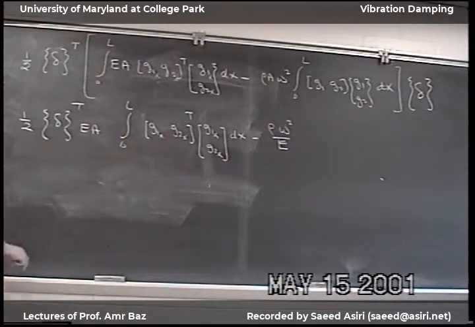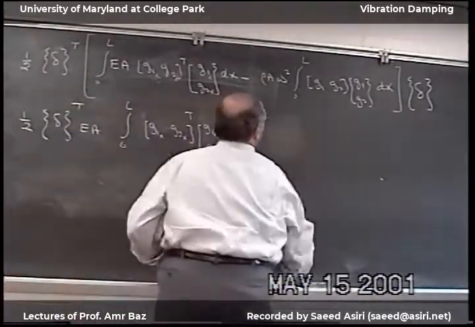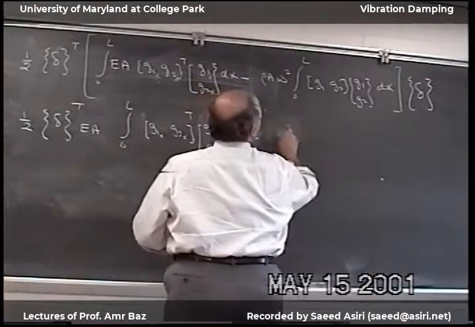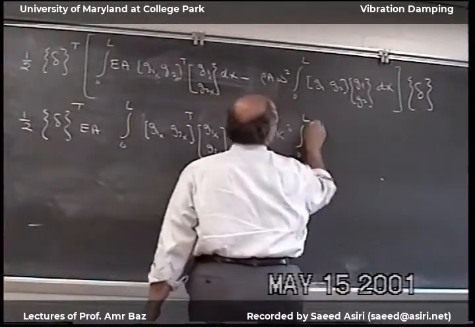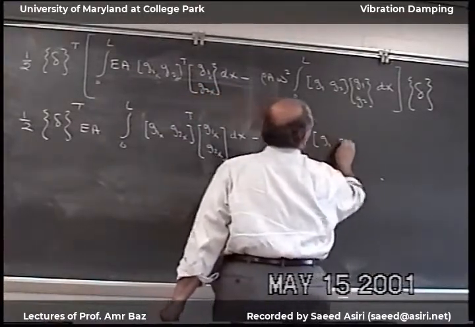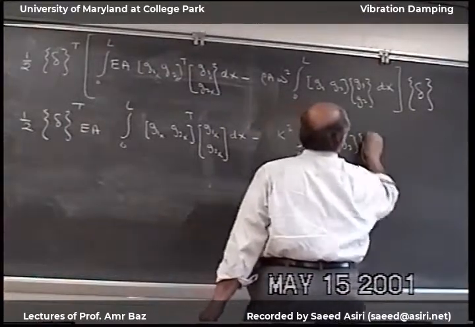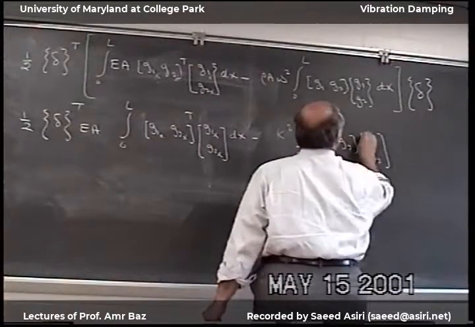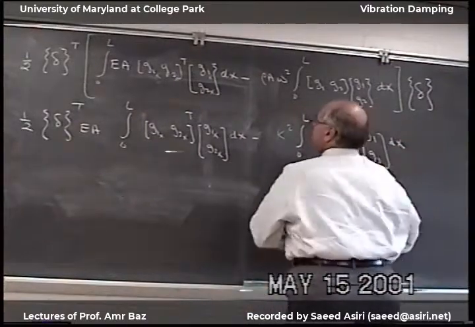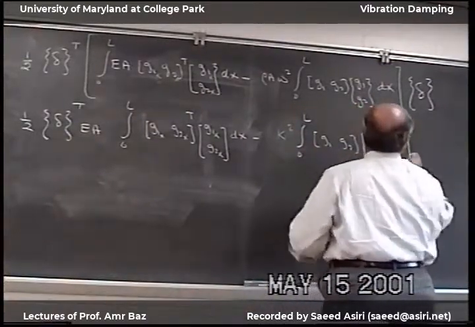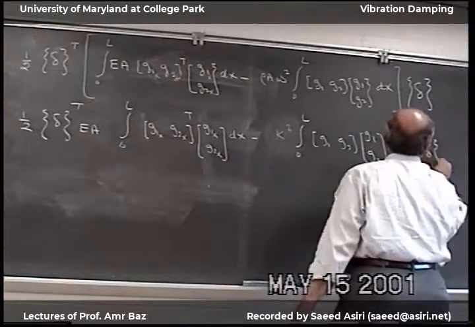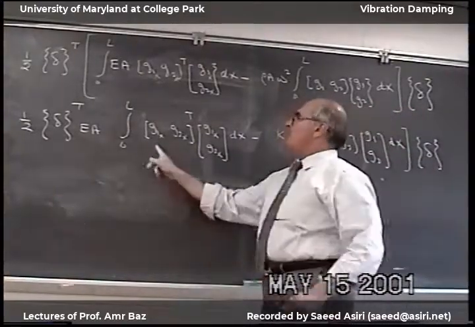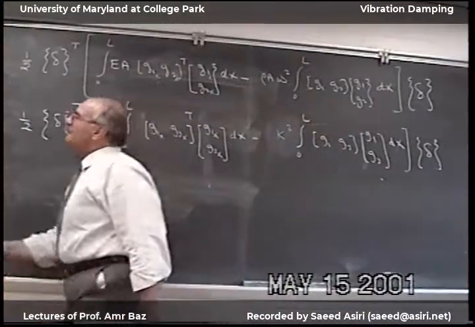So now I'm going to replace this by k squared, and then integral dx, delta.